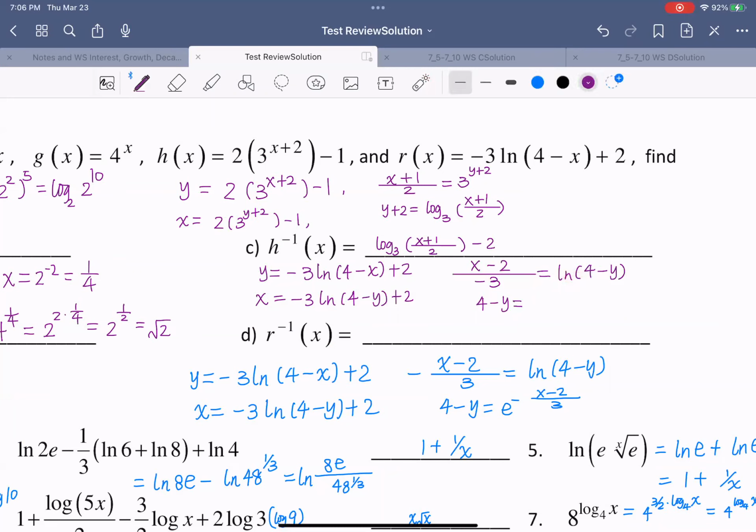So you will have e to the power of that whole thing, right? And then you want to solve the y. So y will be 4 minus this whole package.